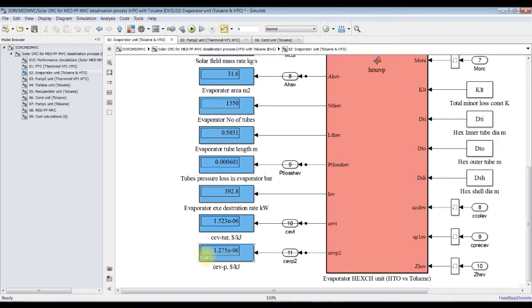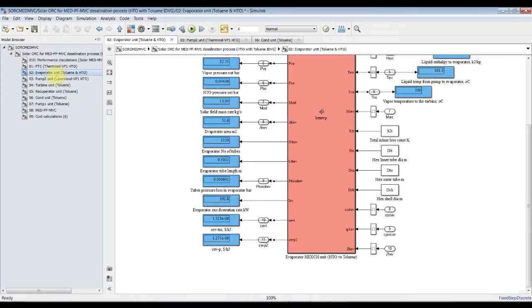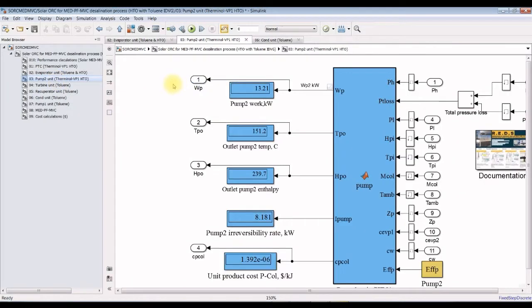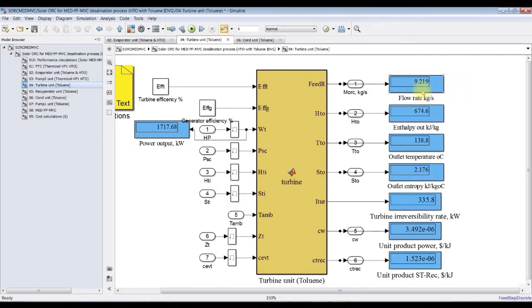And thermoeconomic analysis, sure. Okay, this is the pump, a heat transfer oil pump. The pump is going to consume around 13 kilowatts. Turbine unit: this power is 1,700. It's the power from the compressor, pumps, and so on.